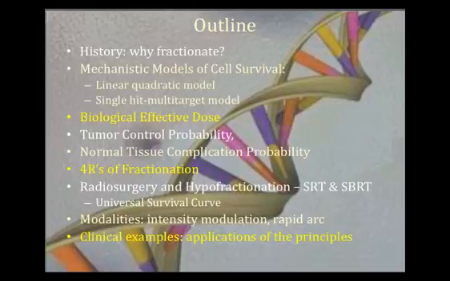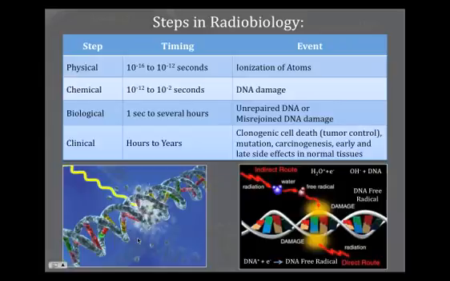Then we are going to discuss a little bit, that's the hardest part of the lecture, the mechanistic models of cell survival, and then go through some concepts that are currently normally used in radiation oncology and radiosurgery, discuss the 4 R's of fractionation, and finally finish with some examples of clinical applications of these concepts.